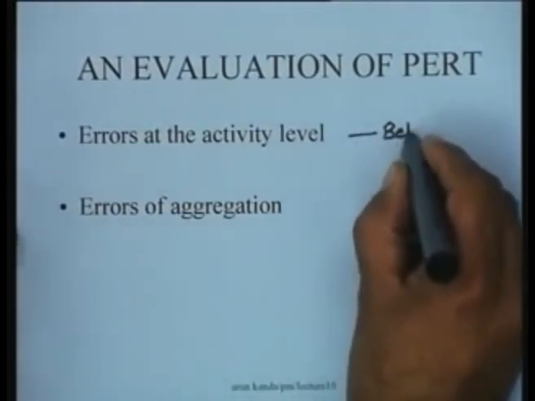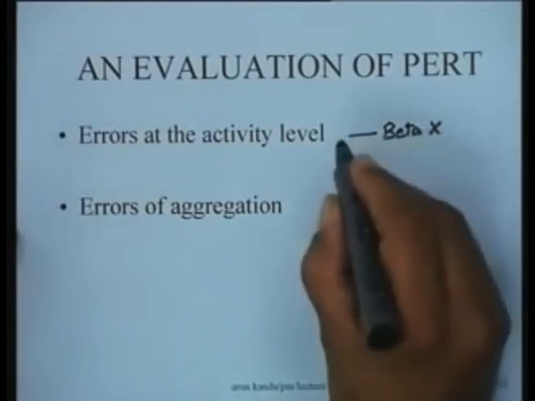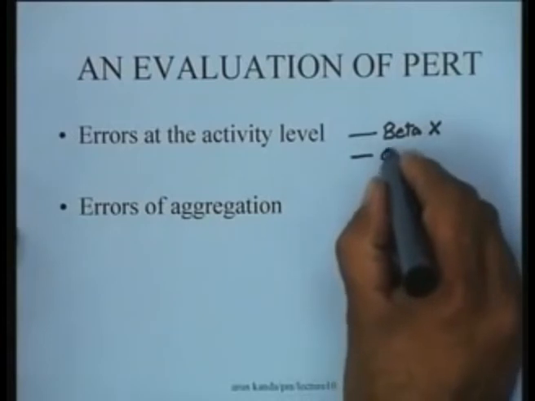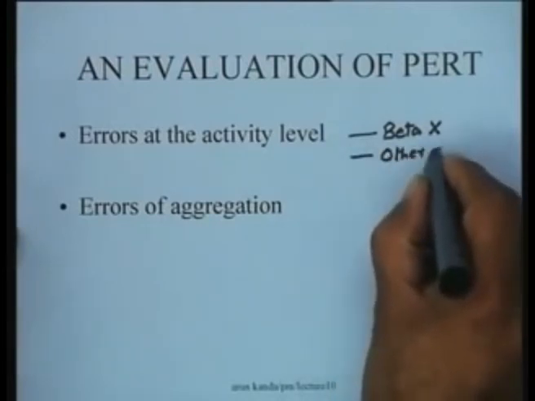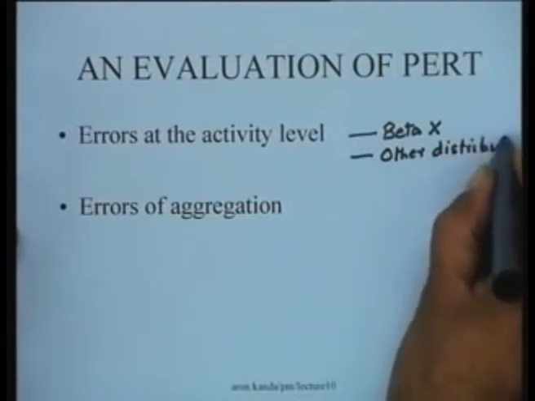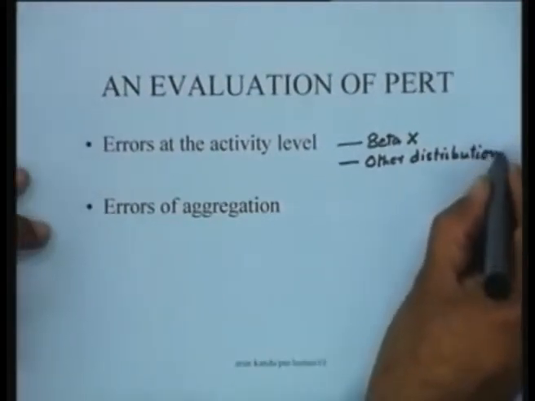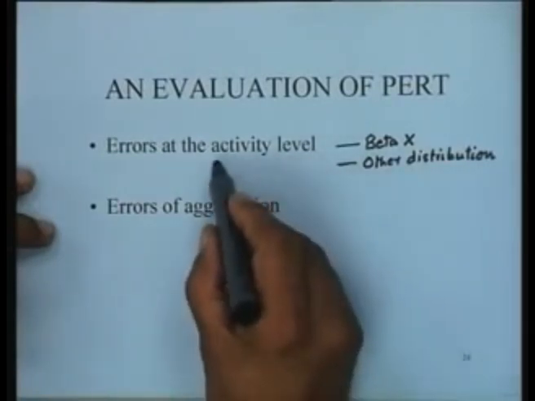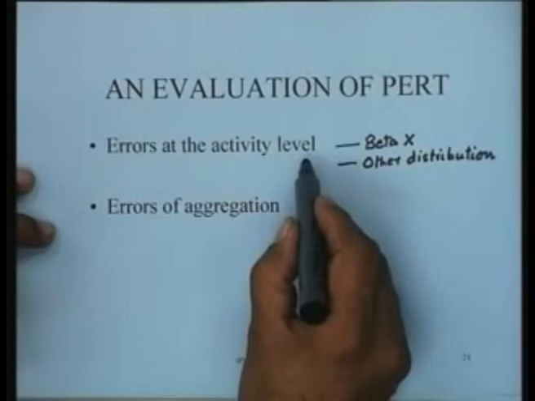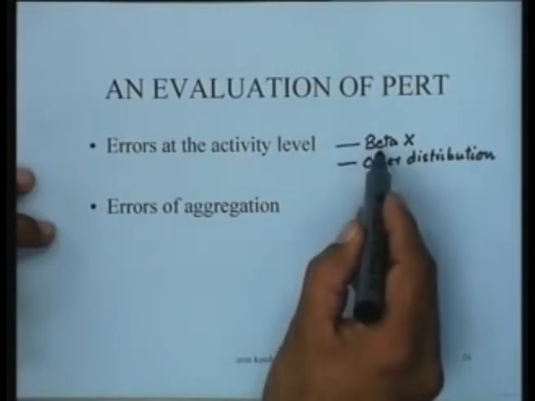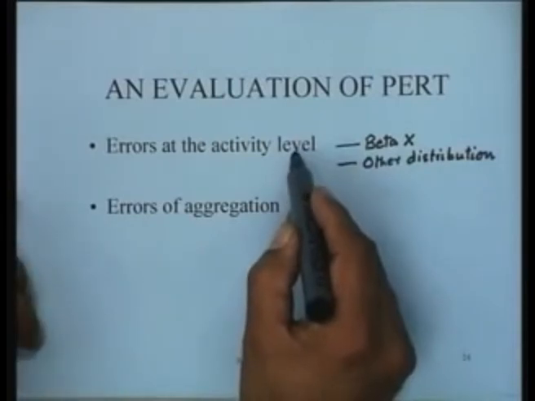They may not be following a beta distribution. This might not be valid, right? It might be following some other distribution, which we have probably not even identified. So as a consequence of the distribution of the activity times, you could have certain errors, and by virtue of the fact that you assume them to be beta, there could be some errors here.